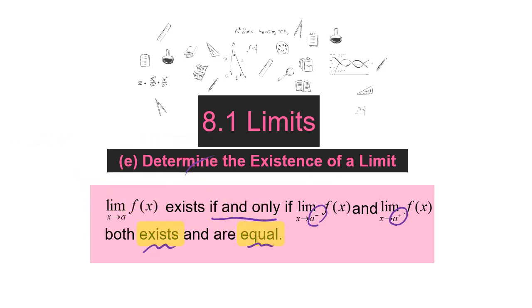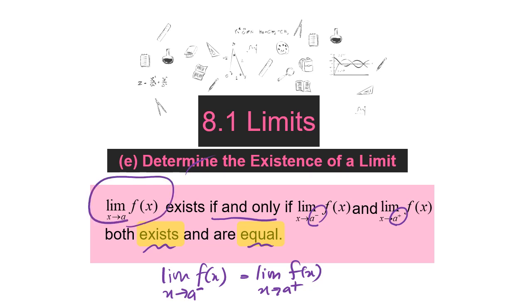So in mathematical equations, we may say that the limit of f(x) as x approaches a from the left side equals the limit of f(x) as x approaches a from the right side. If these both exist and are equal, it means that the limit of f(x) exists.